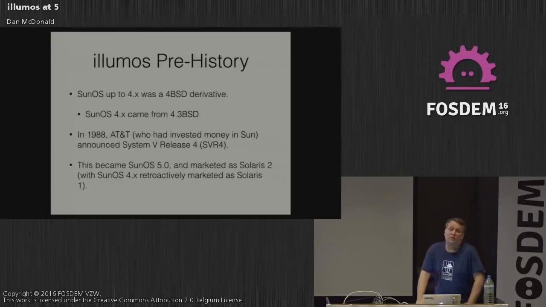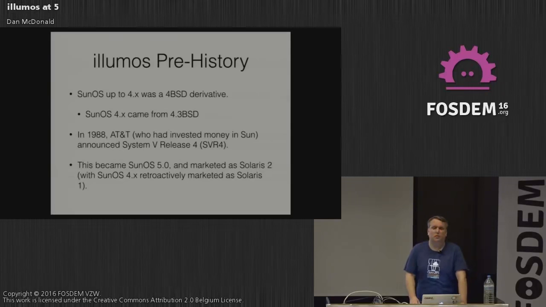Now, going back a bit, prehistory: Sun Microsystems, for their products, had SunOS. SunOS 1 through 4 were derived from various versions of BSD. The last one was SunOS 4, and that was derived from 4.3 BSD. So in 1988, AT&T, who had invested a good chunk of money in Sun, I believe 20% of the company, announced System V Release 4, which was going to be the one great Unix.